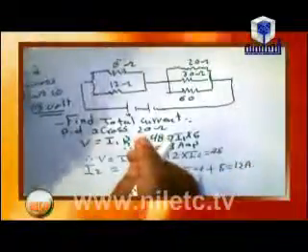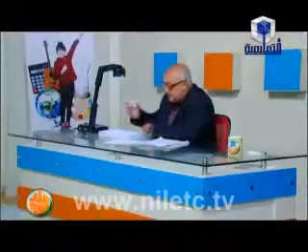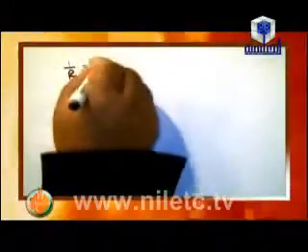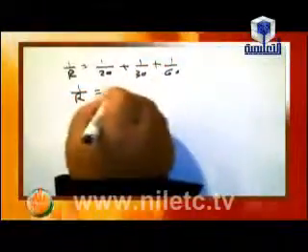If we want to find the potential difference across the 20 ohm, we find the total resistance. Then 1 over R total equals 1 over 20 plus 1 over 30 plus 1 over 60, which is equal to 1 over 10.